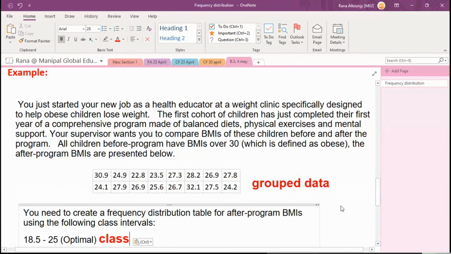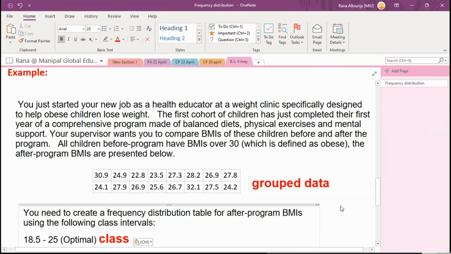I know this one is not clear. Let's go to an example. For that reason, I always say in business statistics we should go to examples, we should go to numbers. There is no way to explain the class without numbers. Okay, so let's go for an example about frequency distribution for quantitative data.